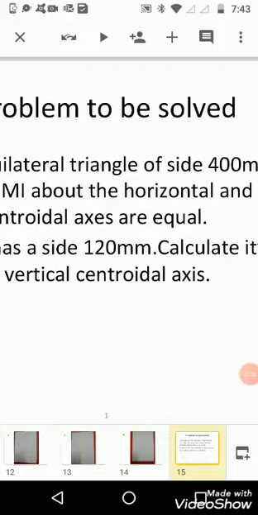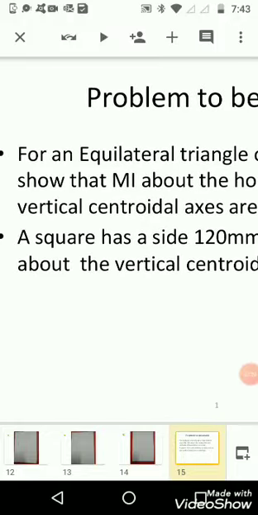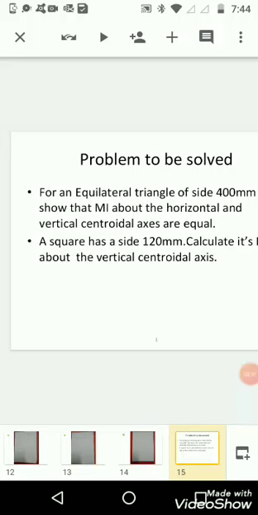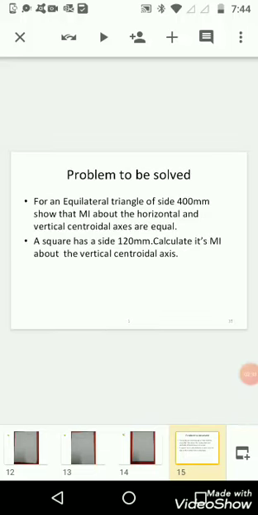For an equilateral triangle of side 400 mm, show that the moment of inertia about the horizontal and vertical centroidal axes are equal. Here you have to find Ixx and Iyy. The formula is already given in the table.